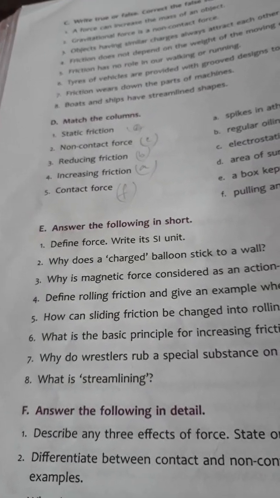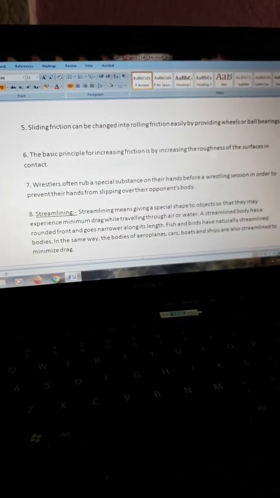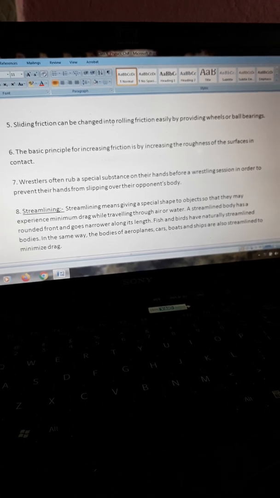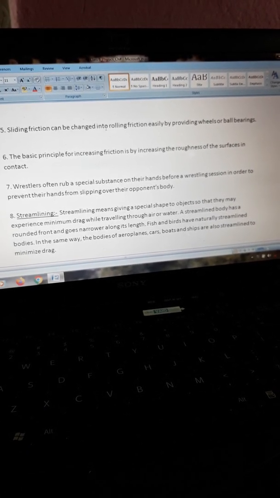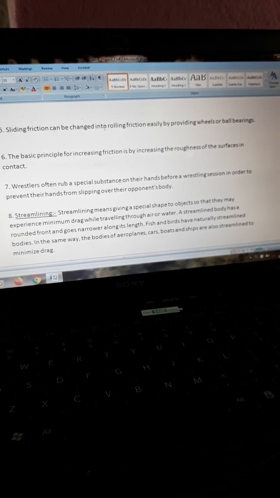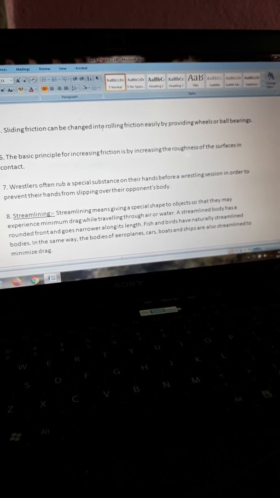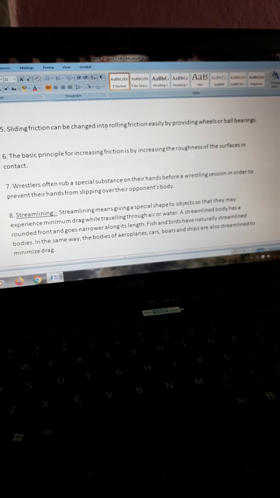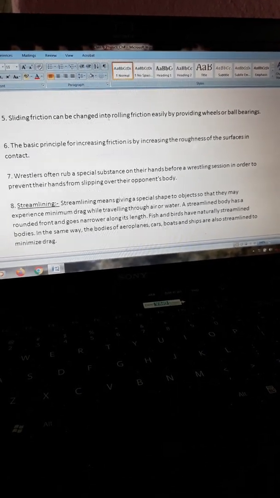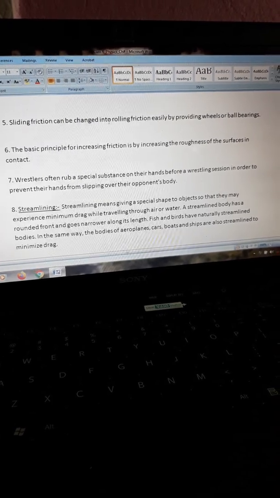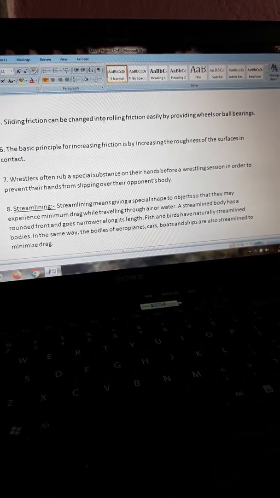Question number 8: what is streamlining? Streamlining means giving a special shape to objects so that they may experience minimum drag while traveling through air or water. A streamlined body has a rounded front and goes narrower along its length.